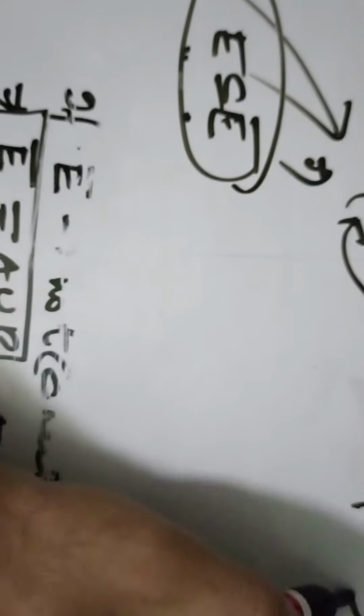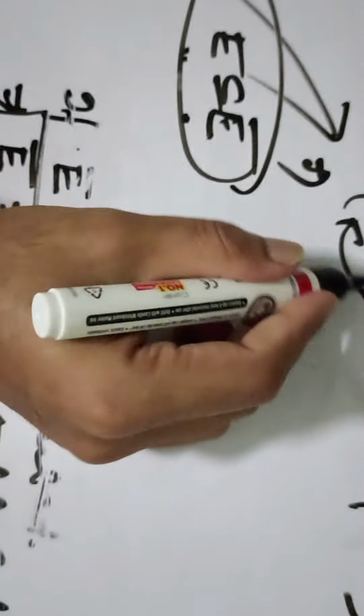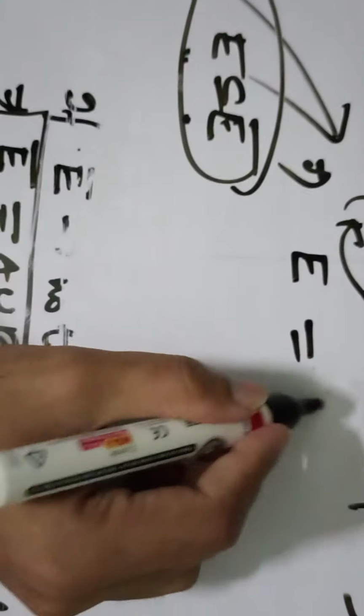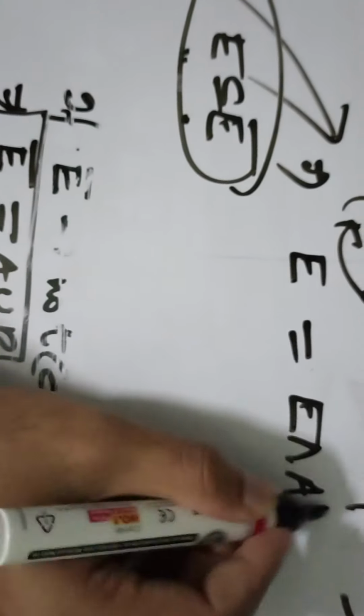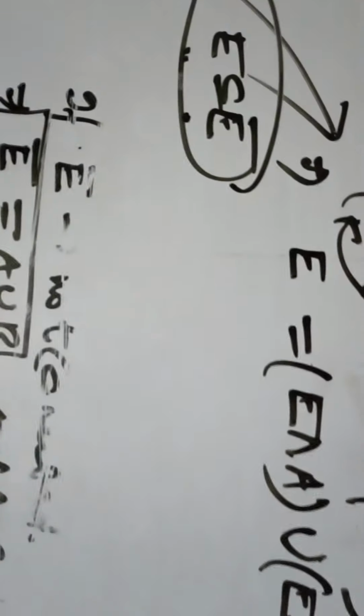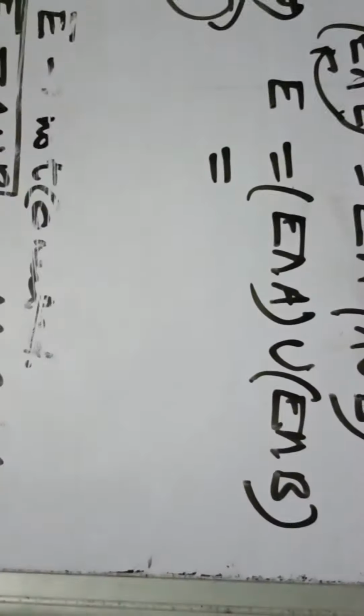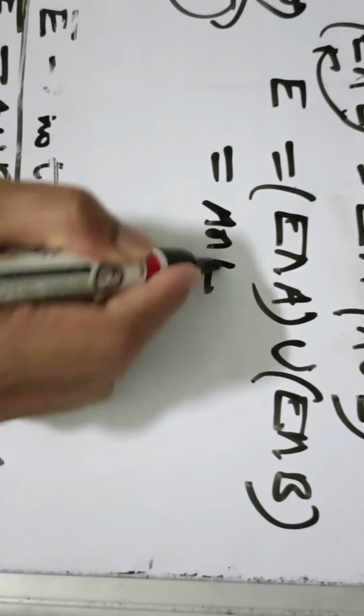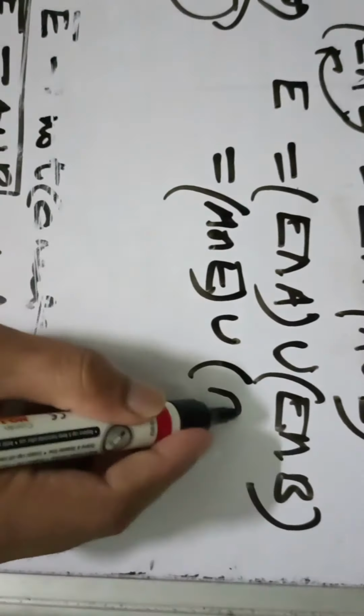E intersection A union B. I am taking intersection, not union. Since E is the smaller set, the intersection with E will be E. Now, by the distributive property, you get E intersection A union E intersection B. By the commutative property you can write A intersection E union B intersection E.